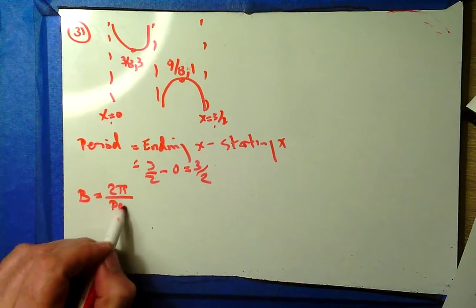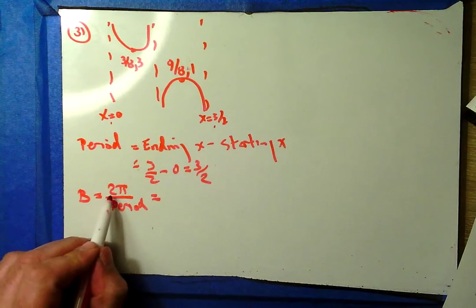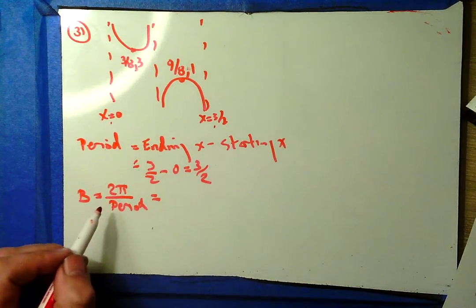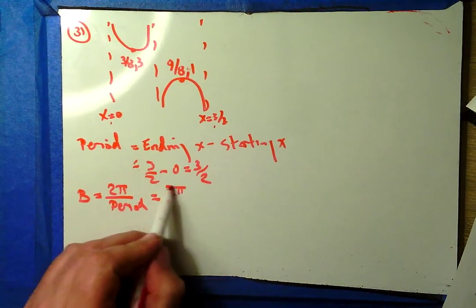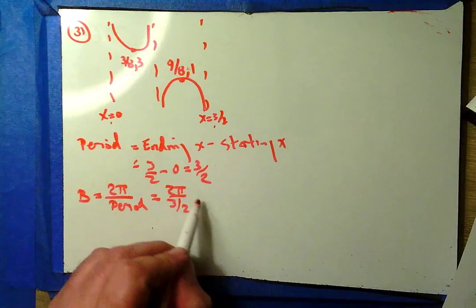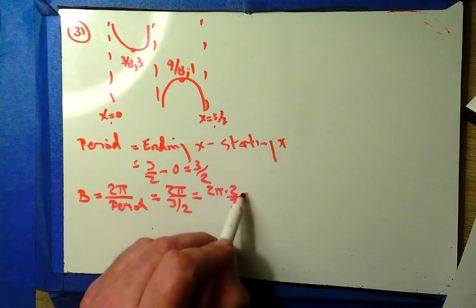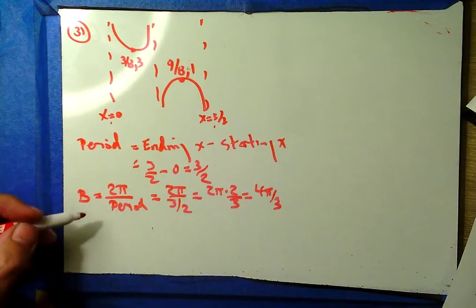Remember, if we were doing tangent or cotangent, this wouldn't be 2 pi, this would be pi, because the normal period for tangent or cotangent is pi. So here we're going to have 2 pi over 3/2, which is 2 pi times 2 over 3, or 4 pi over 3 for our b value.